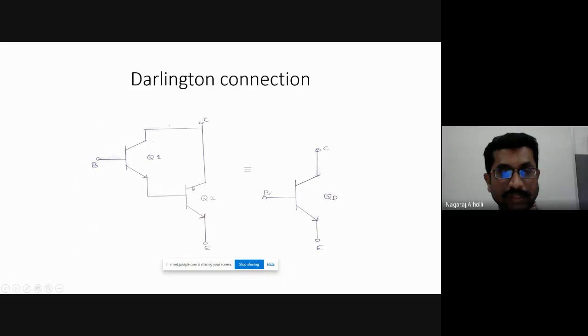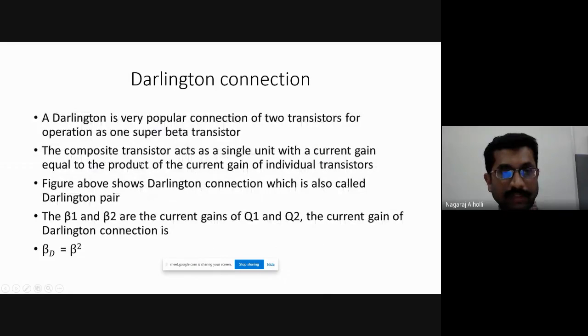So this is called the super beta transistor. It is a composite transistor connection, consisting of two transistors.